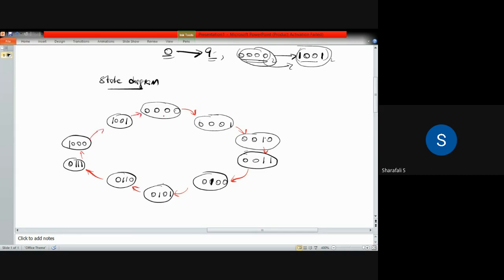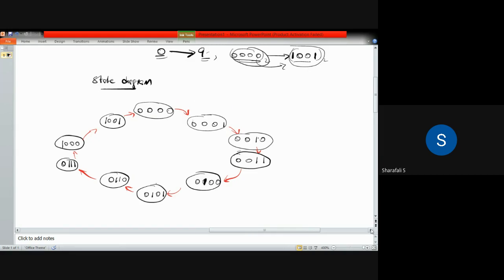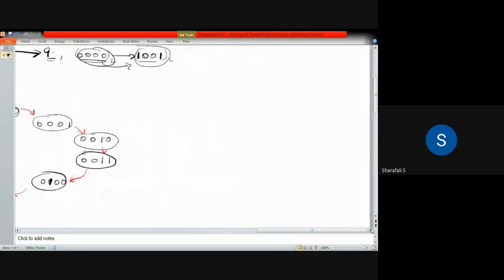Now, if you consider the circuit diagram, how will the circuit diagram look? We need up to 1001. So we have 4 bits here: first bit is 1, second bit is 0, 0, and 1. So we need a maximum of 1001, which means we need 4 bits.